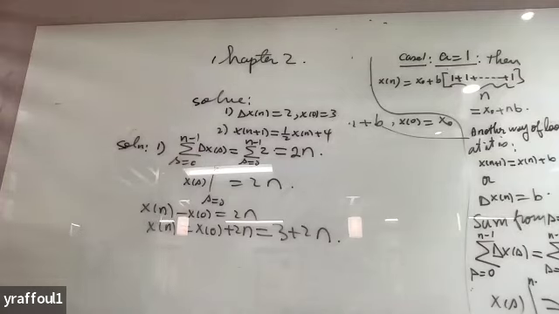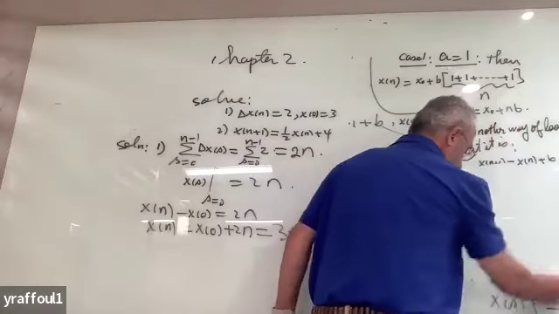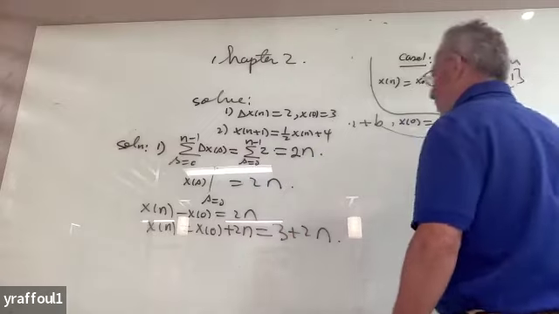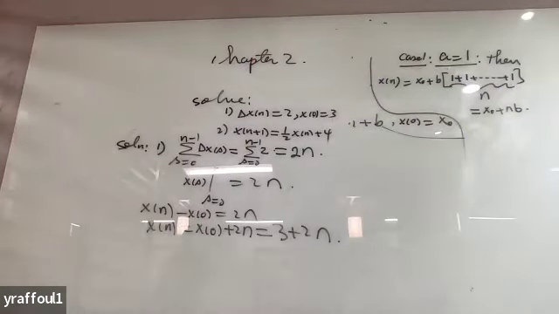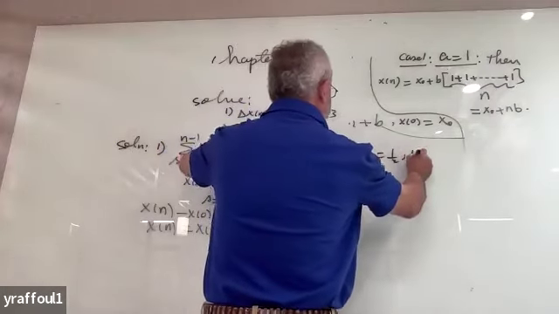Why don't you go ahead and solve two, see what you get. Well, for two, we have a is 1/2 and b is 4.